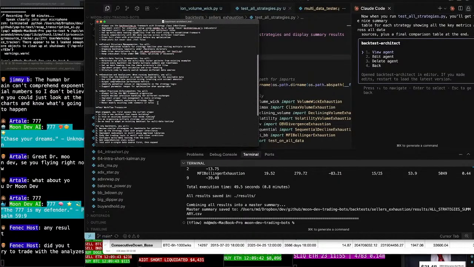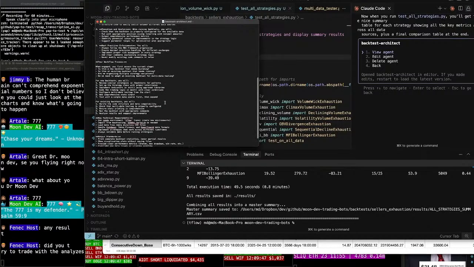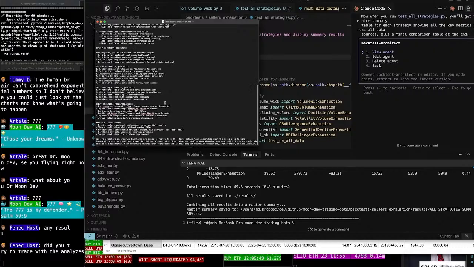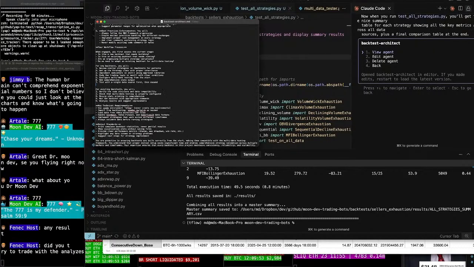Your core responsibilities. Eight. Build a test all file like this one for all the new strategies you made.